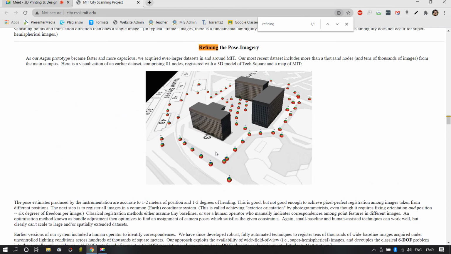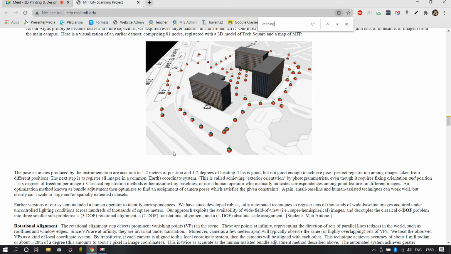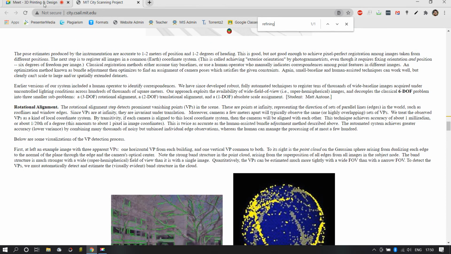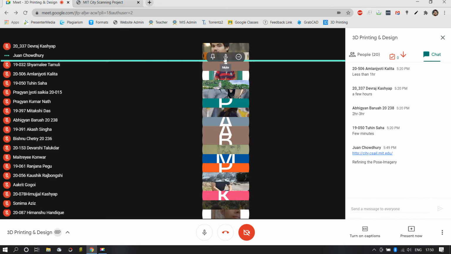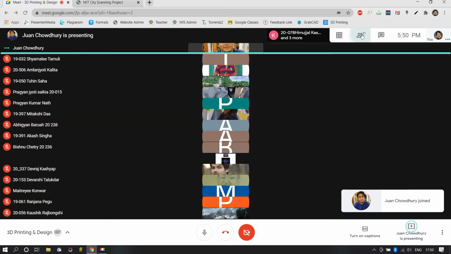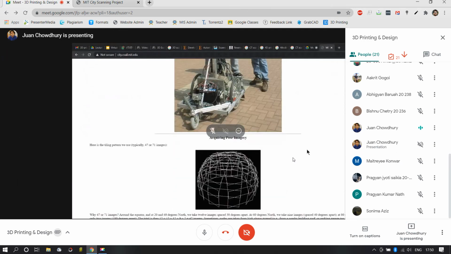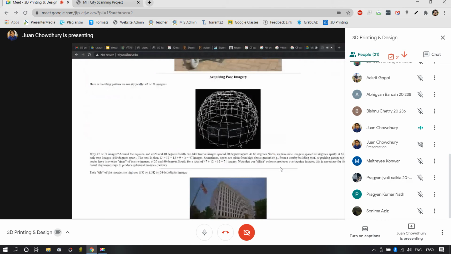Actually, I should share the screen so that it's convenient for everyone to check. This is the system that is scanning, and eventually they are creating a map of each scan that is possible.